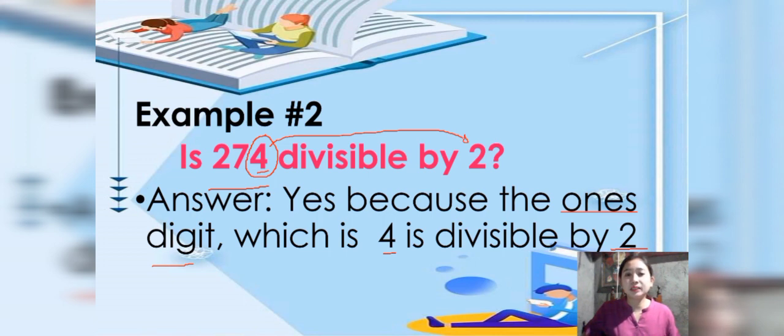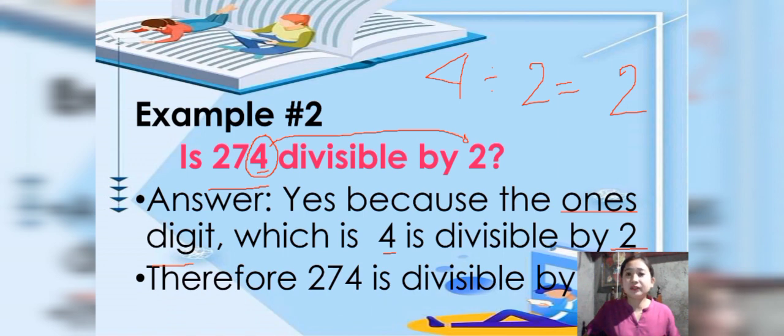When we divide 4 by 2, the quotient is 2. There is no remainder, so 4 is divisible by 2. Therefore, 274 is divisible by 2.